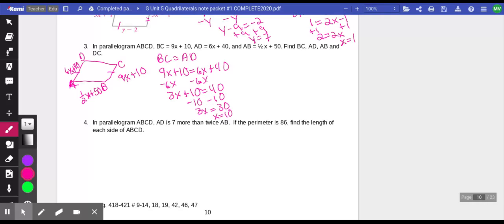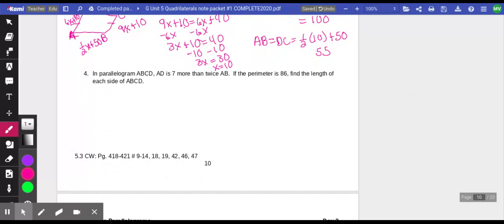Now that I know x equals 10, I know that AD is equal to BC. So I'm just going to pick one of these two. Doesn't matter which one. So I'm going to do 6 times 10 plus 40, and I find out that those are 100. Then to find the other two sides, I know that AB is equal to DC because opposite sides are congruent. And they equal half of 10 plus 50. So those equal 55.